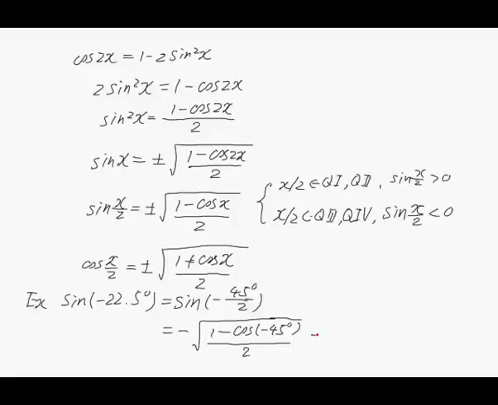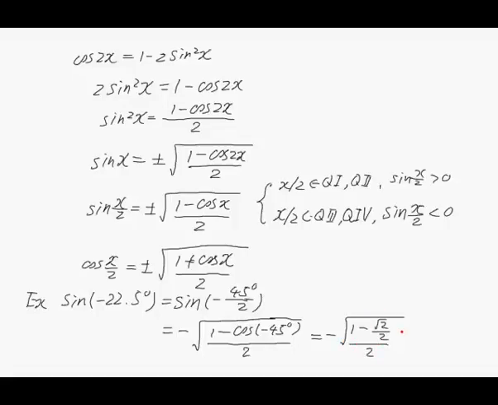So now let's continue. So this guy is equal to negative. We know cosine of negative 45 degrees is equal to cosine of 45 degrees because cosine is an even function, right? And cosine 45 degrees is equal to root of 2 over 2. So this numerator is 1 minus root of 2 over 2 and then divided by 2.